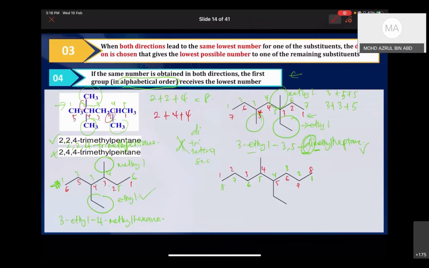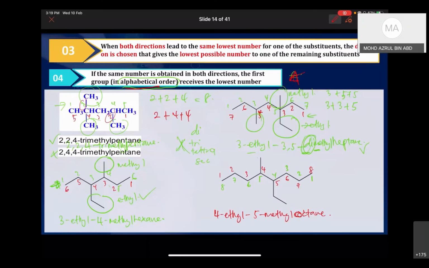However, by following the fourth rule, we need to follow the alphabetical order. So we can name the compound 4-ethyl, 5-methyl octane. Is it okay? Do you understand these rules?